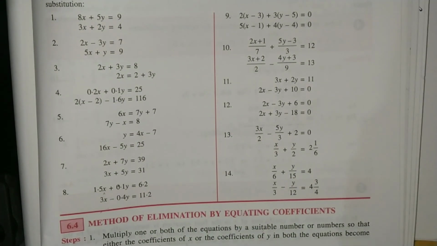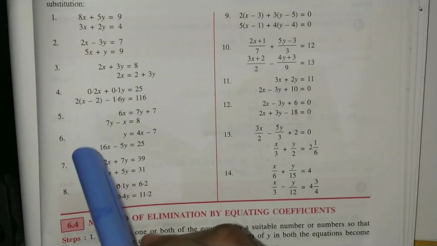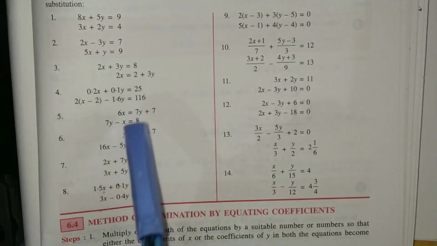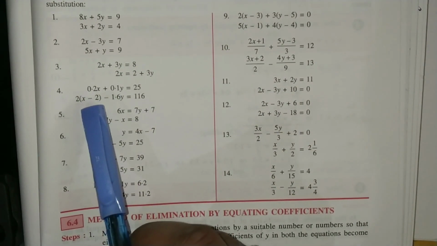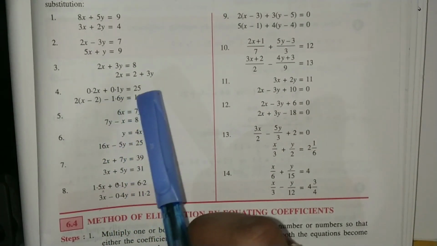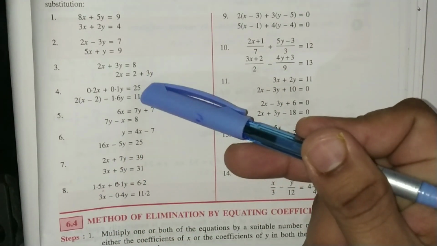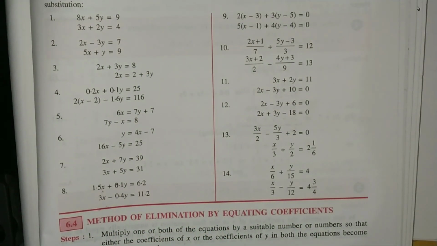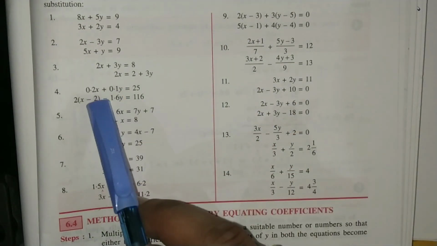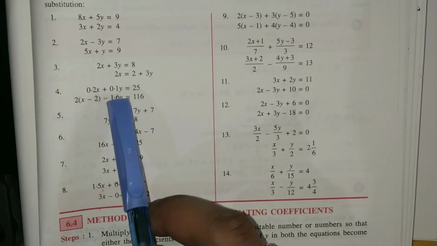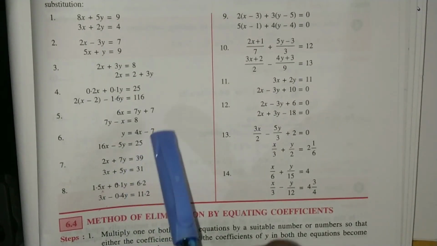The remaining questions are your homework. For example, the fourth question, 0.2x plus 0.1y equal to 25. Just multiply both equations by 10. If you multiply by 10, this will become 2x, this will become y, this will become 250.